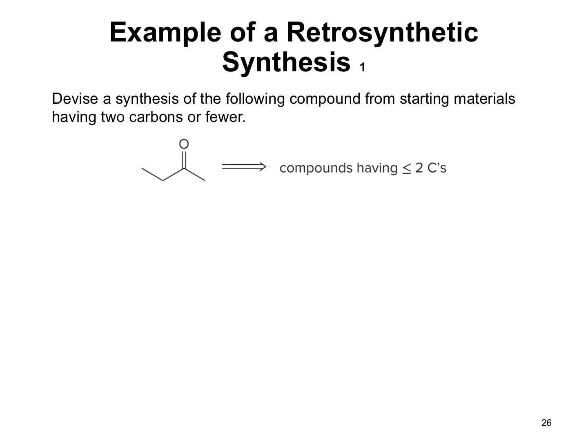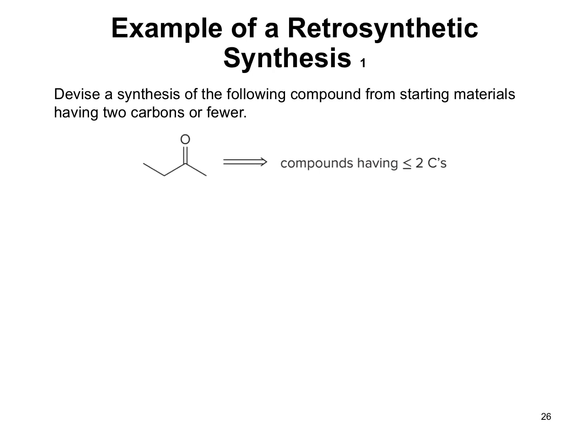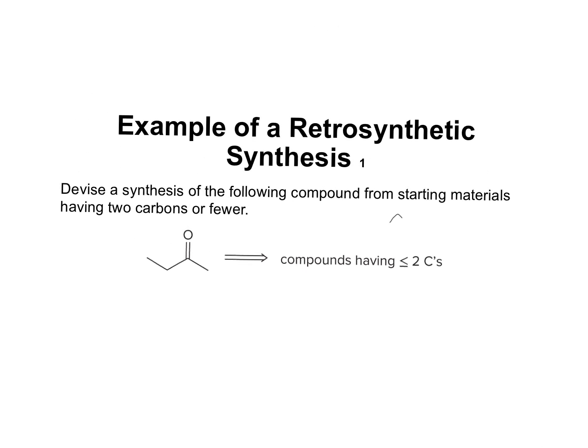So let's go through and do an example. This is a problem, and it says devise a synthesis of the following compounds from starting materials having 2 or fewer carbons. And so I want to show you another way this could be asked: starting materials with 2 or fewer carbons, and then the arrow like that.